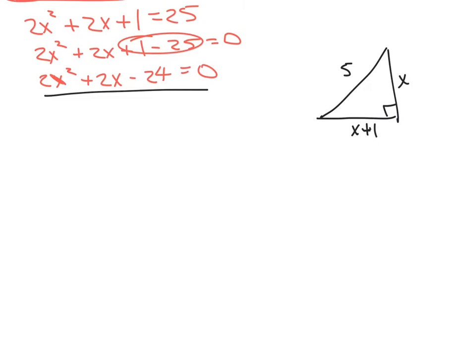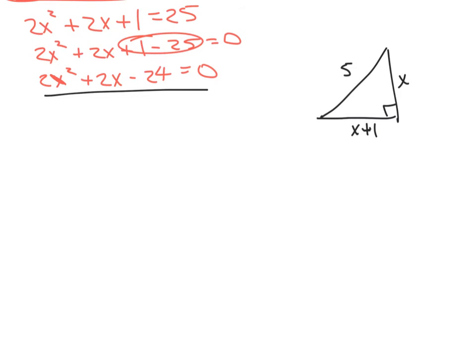Okay, now I have to solve for x. Alright, so what you're going to do here is look for some handy little tricks. We have done 2 times negative 24, and then we get 48, and then find two numbers multiplied together give you 48, added give you 2. You can do that. But one of the first things you want to look at is is there something I can pull out of there?